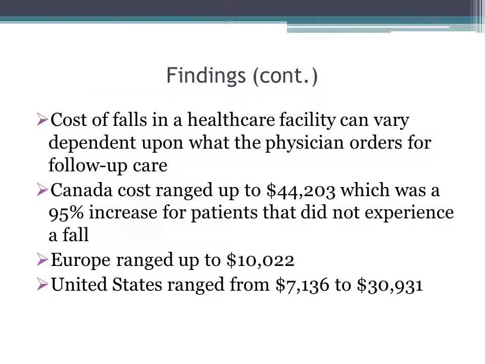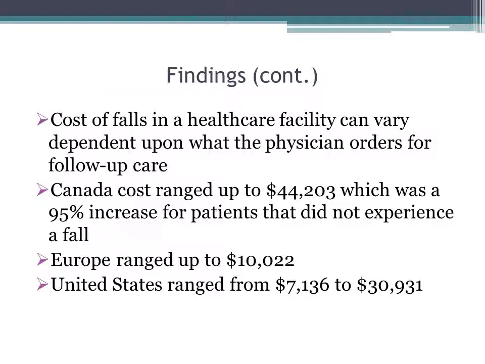In Canada, the cost ranged all the way up to $44,000 and some odd dollars, which was a 95% increase over a patient's cost who did not experience a fall. So if a patient fell in the hospital, their cost increased 95% over their counterparts that had no fall.